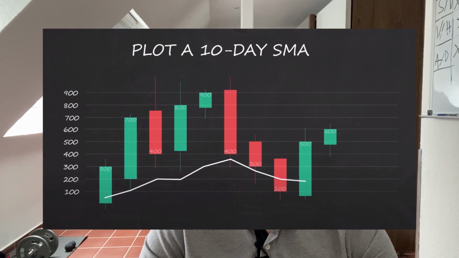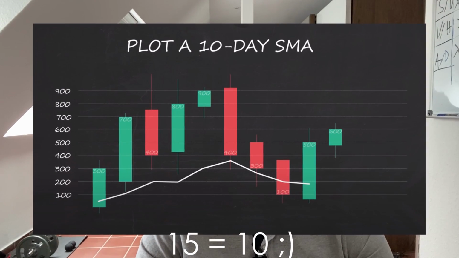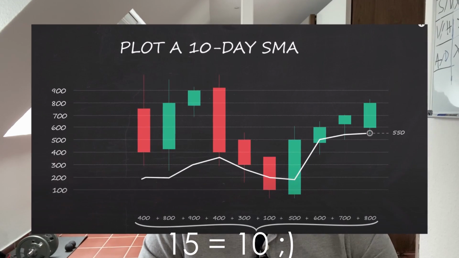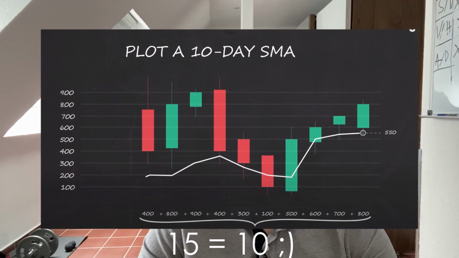So for example, if you want to plot a 15-day simple moving average, you would add the closing prices of the last 15 days and divide it by 15. This calculation gives equal weight to each day. It is called the moving average as the oldest price is dropped each time a new period becomes available.